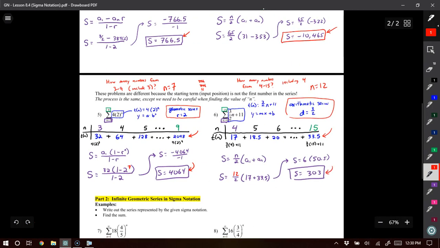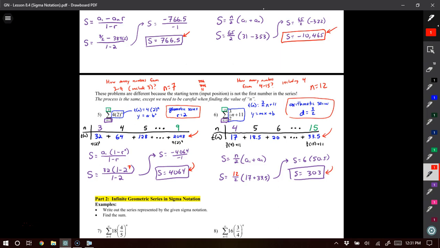So on these two problems, be very careful. Your starting position changed. We looked at how many numbers from 3 to 9, and from 3 means you are including 3, and there's 7 numbers. How many numbers from 4 to 15?